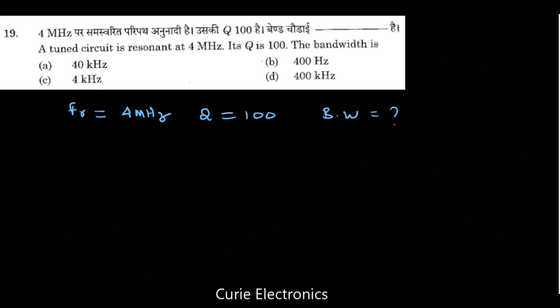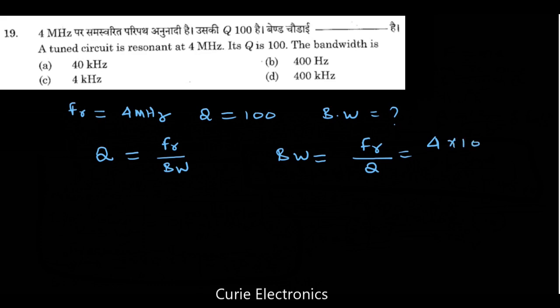There's an equation to find Q. Q equals resonant frequency upon bandwidth. Now we want the bandwidth. If we cross multiply, what we get is FR upon Q, that is 4 megahertz, 4 into 10 to the power 6, upon 100, right?